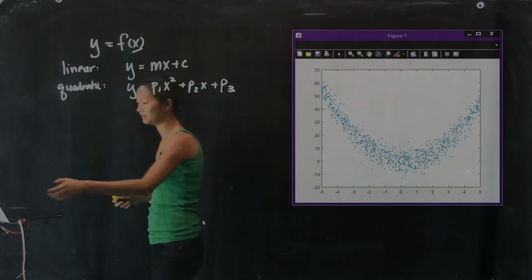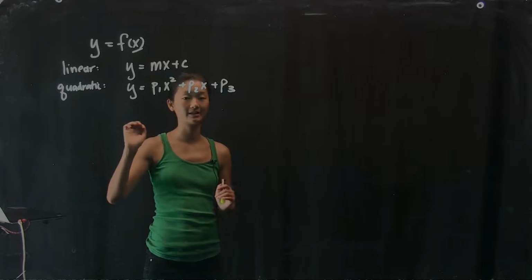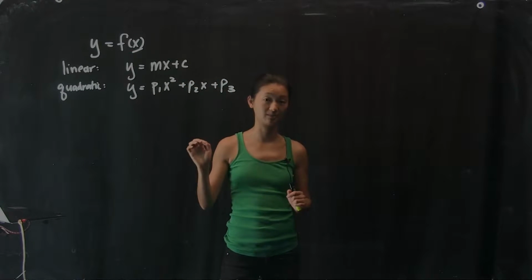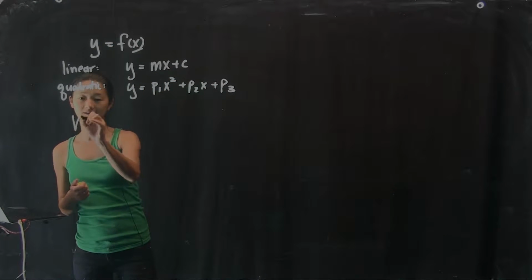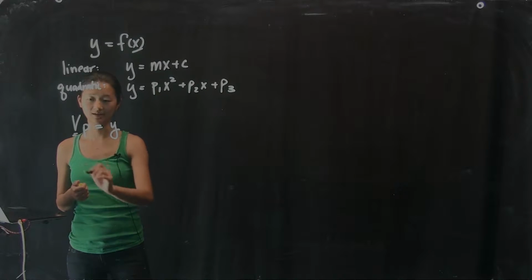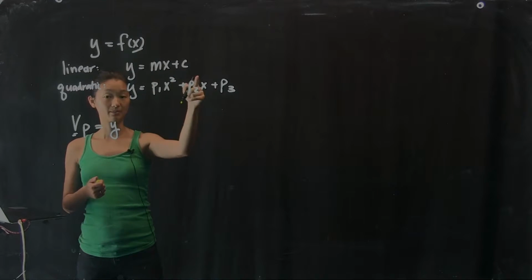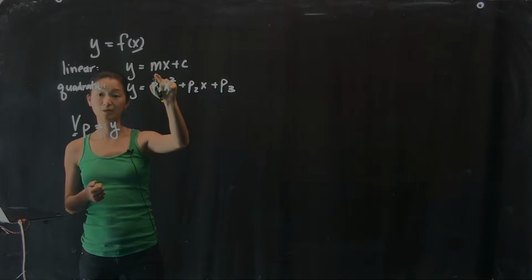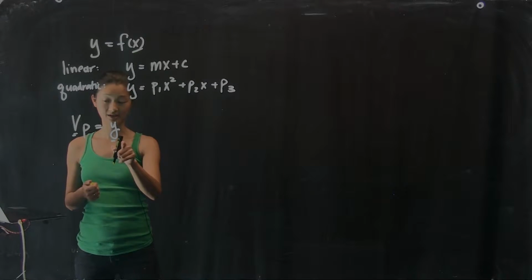To remind ourselves, we set up linear regression as the solution to a system of equations by writing an equation of the following form. We have a V matrix, a P vector, which is all of the parameters that are unknown, in which case m I'm going to call P1 and c I'm going to call P2, and I have my data points Y here.